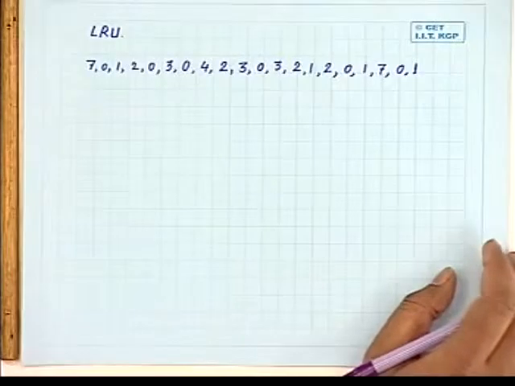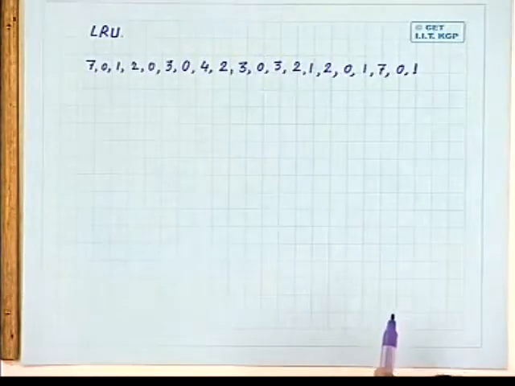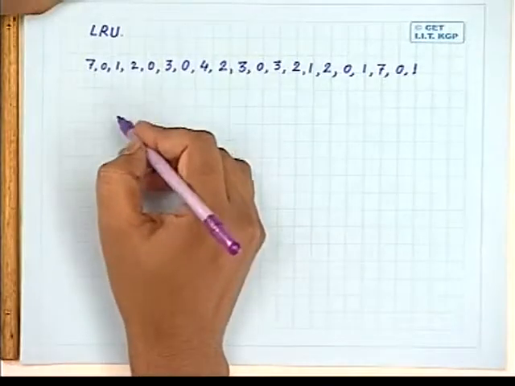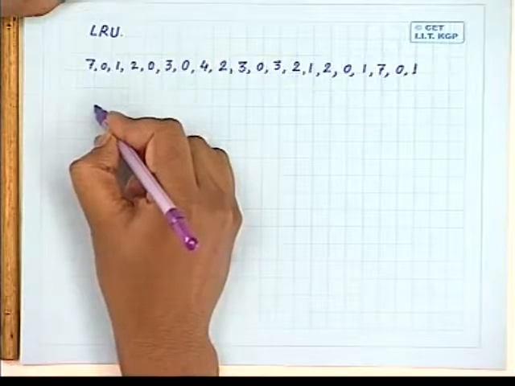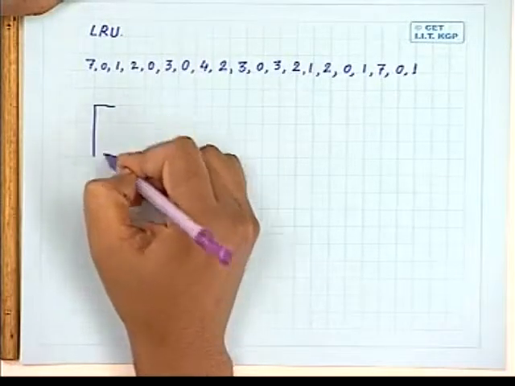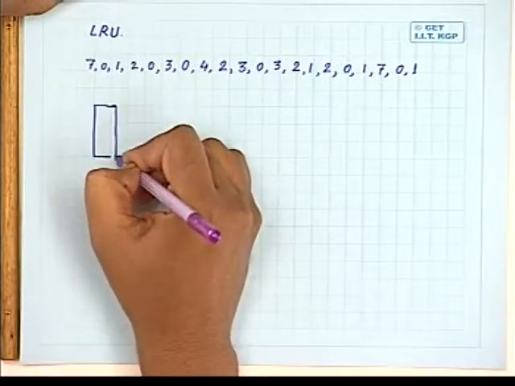So this is the page trace that we are considering for discussing different page replacement techniques. And we have also seen that we assume that initially in the main memory we have 3 frames which are available for accommodating these different pages.